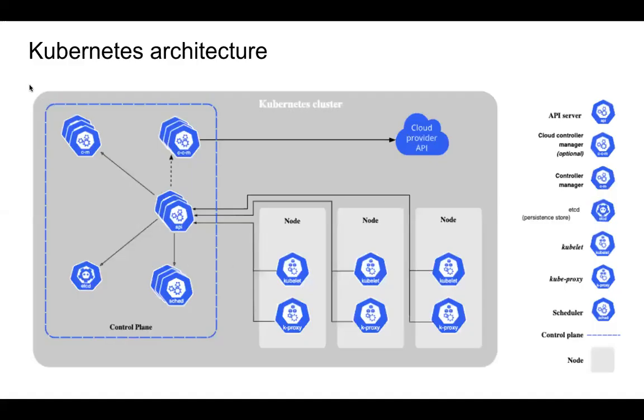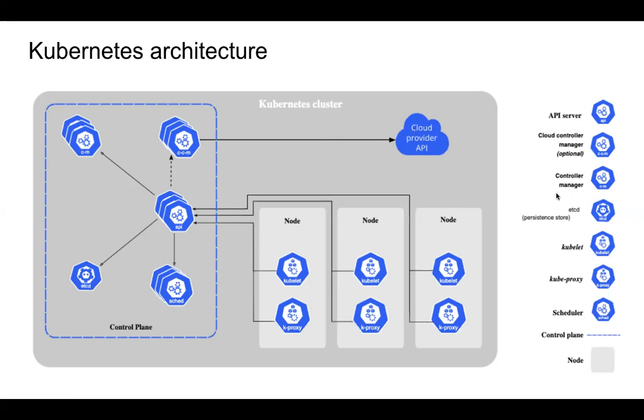So just a brief recap of what we studied in the last lecture. This is how a Kubernetes architecture looks. You have a master node and you have a lot of worker nodes. The master node contains different components: scheduler, etcd, API, CCM, and controller manager, and cloud provider.